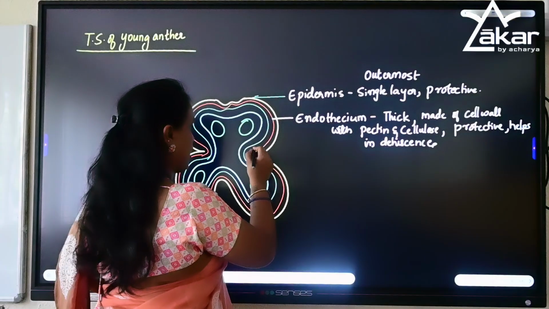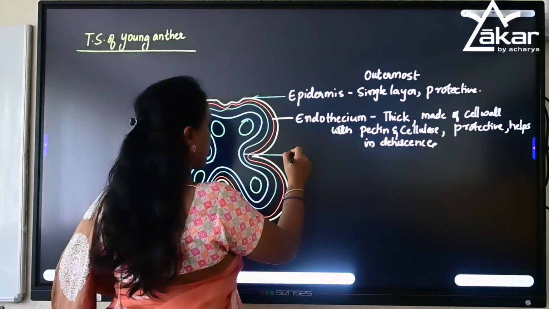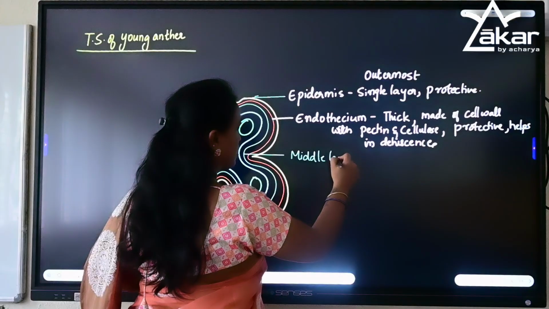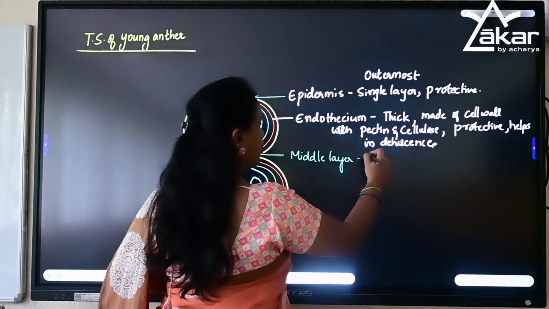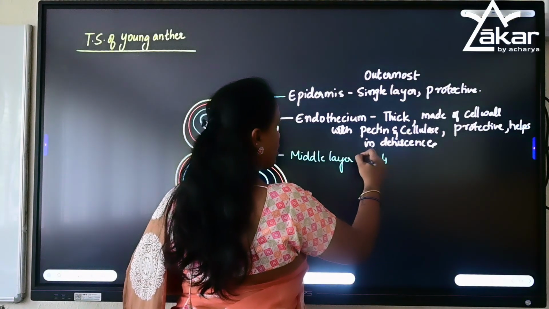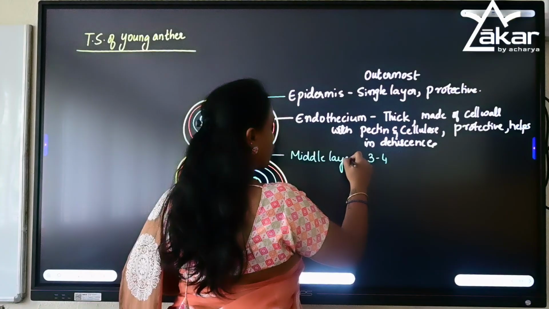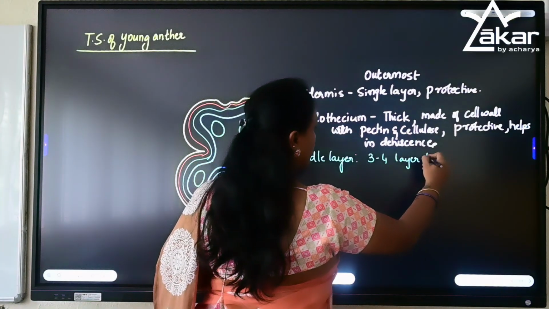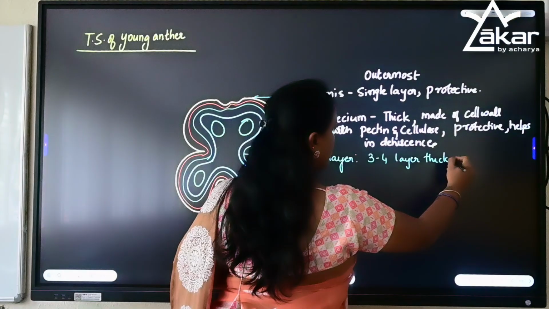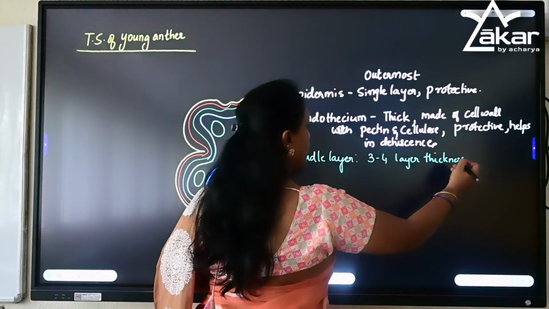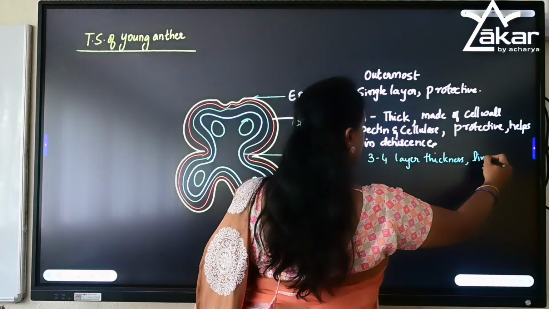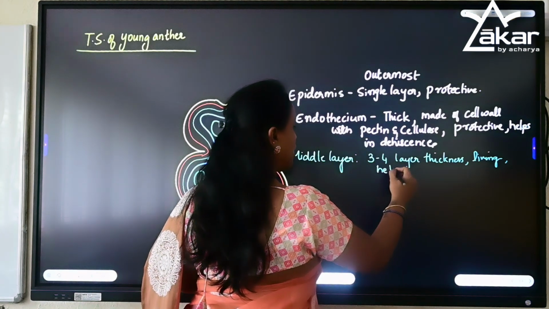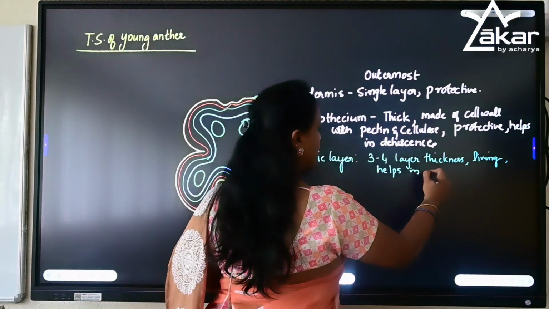Then the third layer is the middle layer, 3 to 4 layers thick, and it also helps in dehiscence.